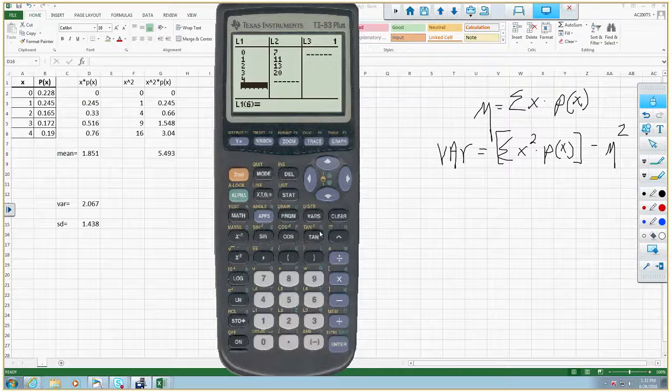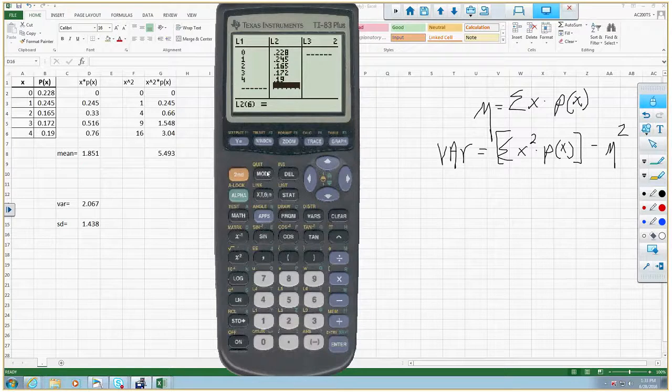Then you go over to L2: 0.228, 0.245, 0.165, 0.172, and 0.19.